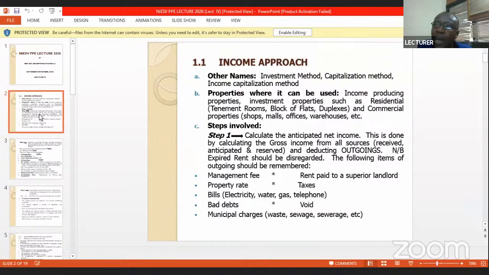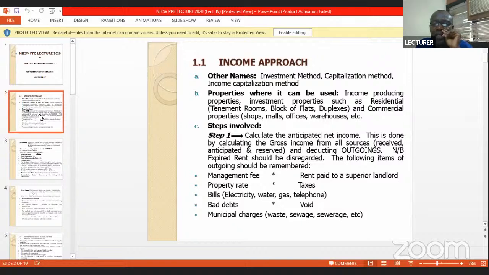For instance, if you are living in your own house, you are living in what we call an owner-occupier building. An owner-occupier does not pay rent. But if you want to value that property, it is possible to determine the rent by making reference to other properties within the neighborhood.